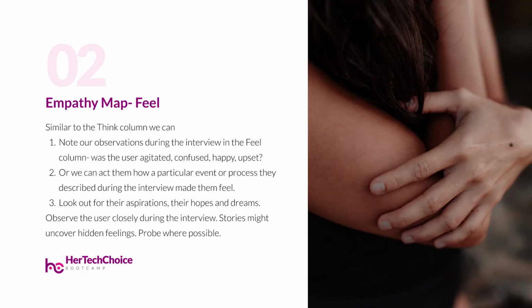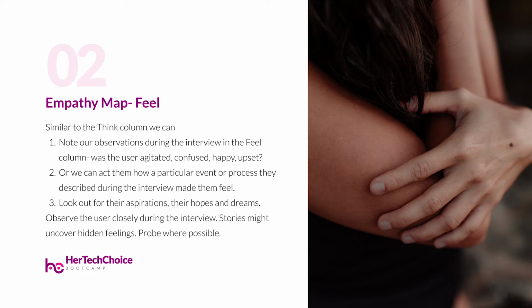The next one is the feel quadrant. It's also similar to the think column. We can note our observation during the interview in the feel column. Was the user agitated, confused, happy, or upset?